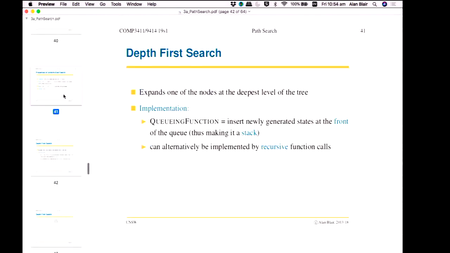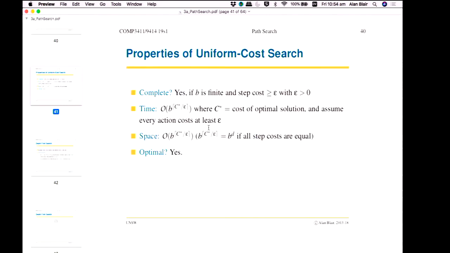Okay, so are there any questions about this? Yeah? Good question. The question was, is this the same as Dijkstra's algorithm? Very good question. This is uniform cost search.